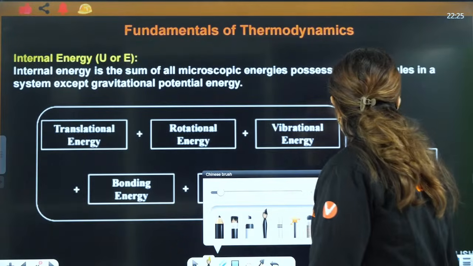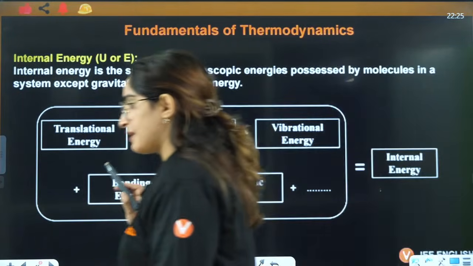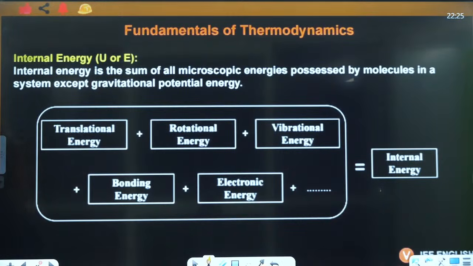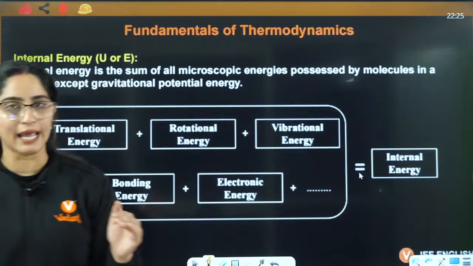Okay, then next is internal energy. Now let's talk about internal energy.